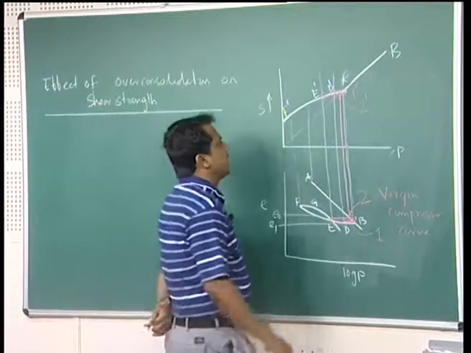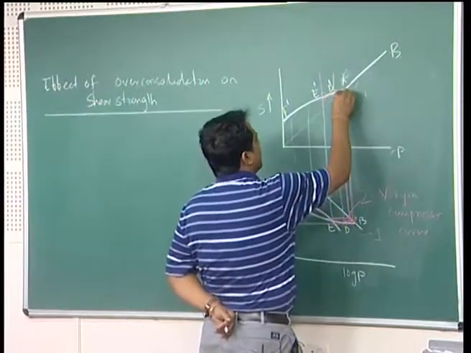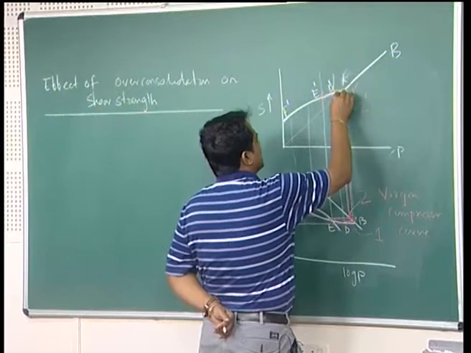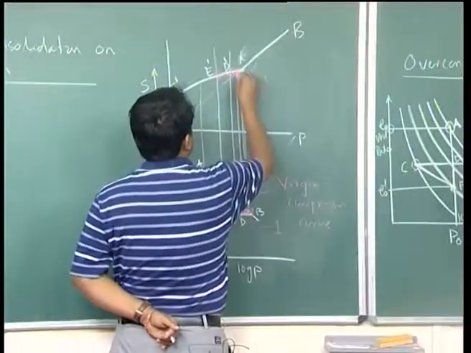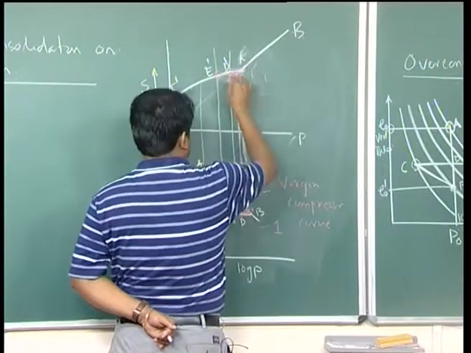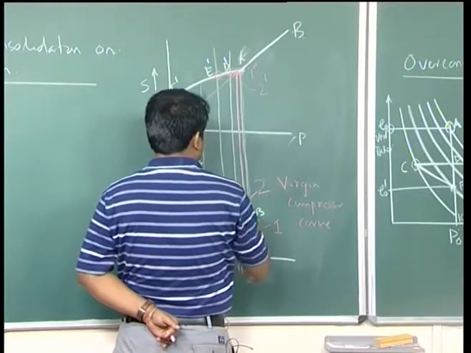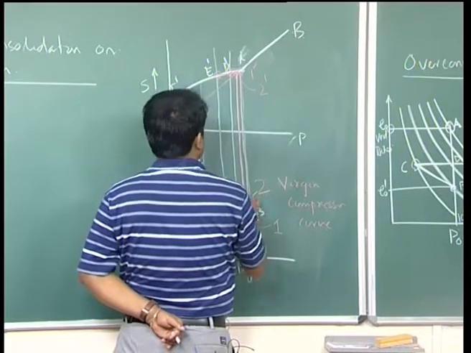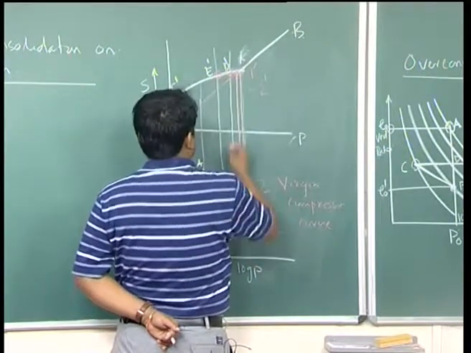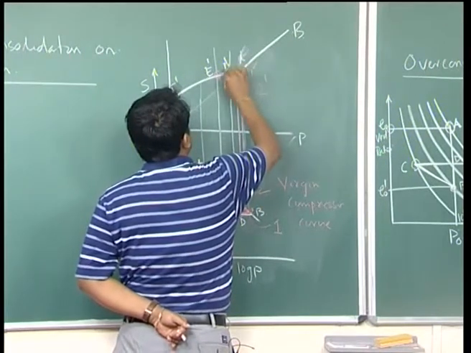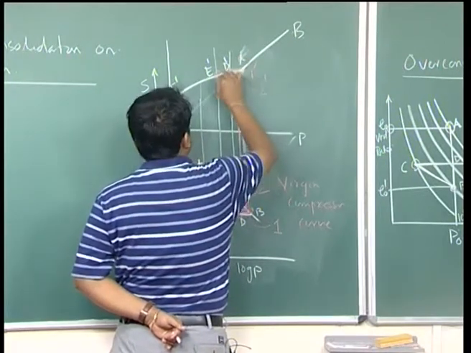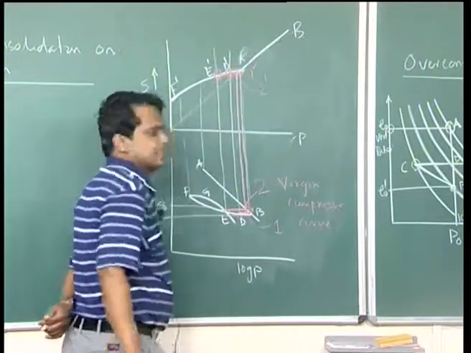With this 1 prime and 2 prime, draw horizontal lines parallel to your log P. So, this horizontal line, whatever you extend from E and D vertical lines, it will intercept at this point, which is your D dash, and this point is your E dash.